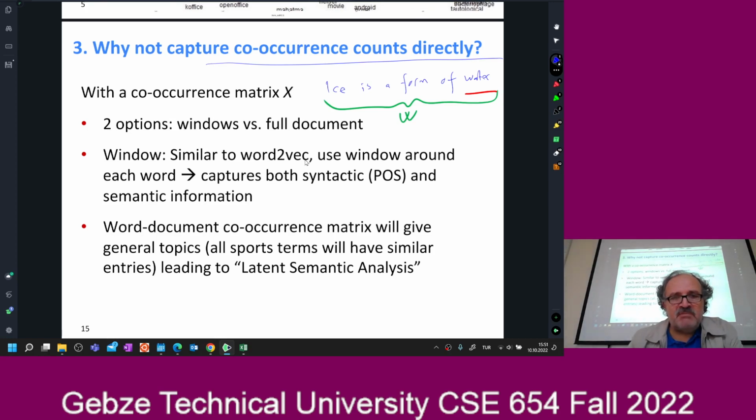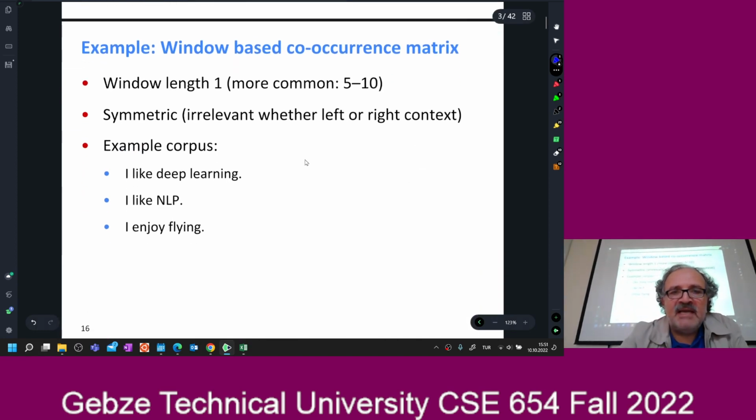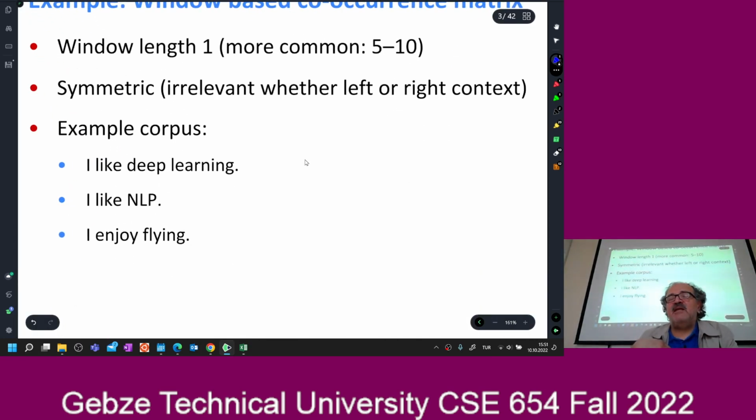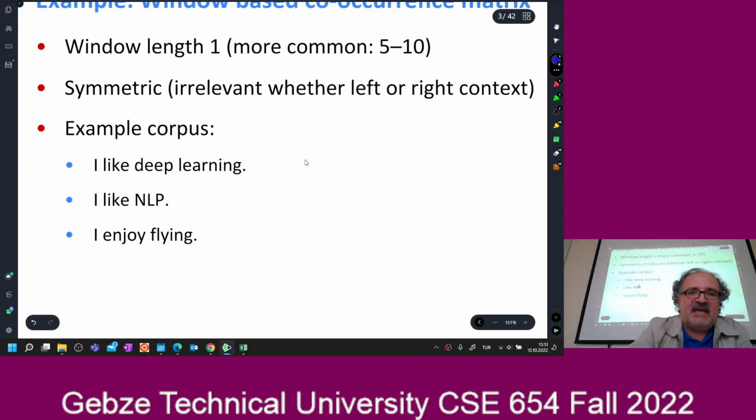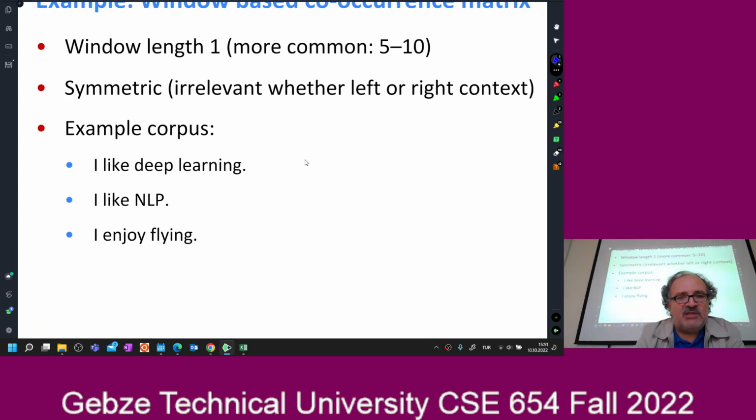This co-occurrence matrix calculation is very simple actually. Let's say in my Wikipedia dump I have only 3 sentences: I like deep learning, I like NLP, I enjoy flying. In these 3 simple sentences, I like to assign vectors to these words.